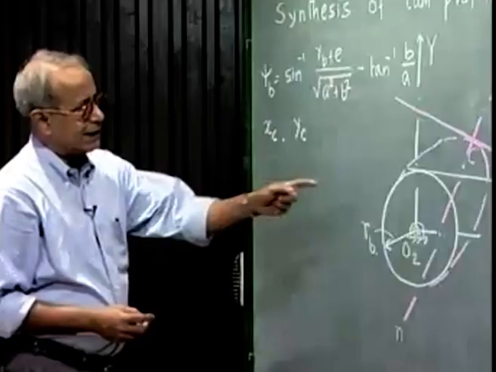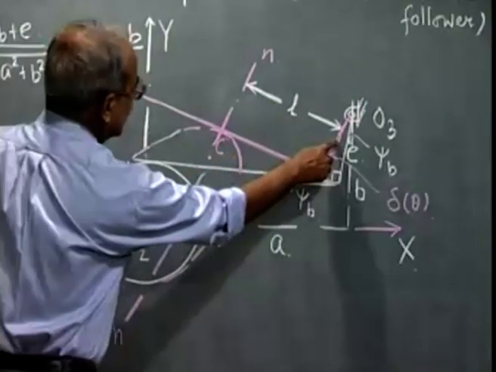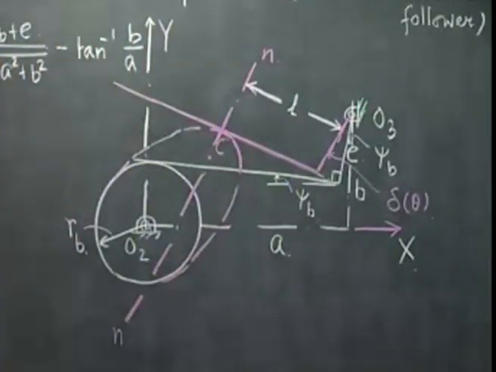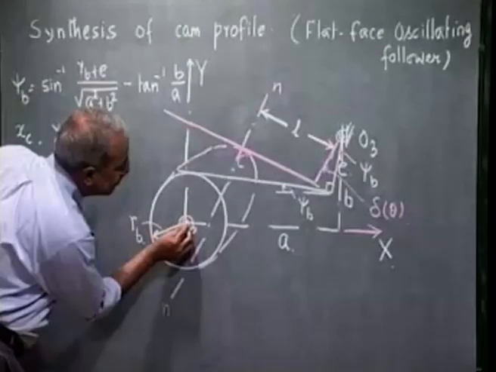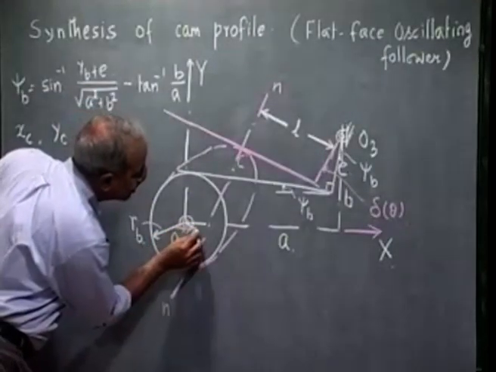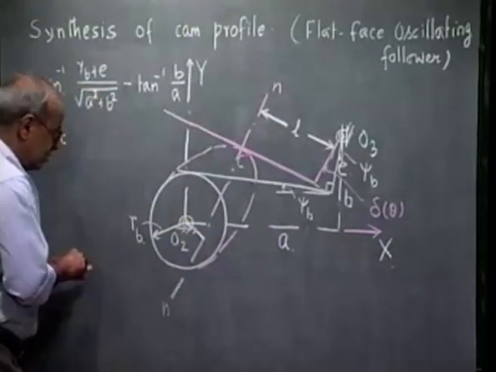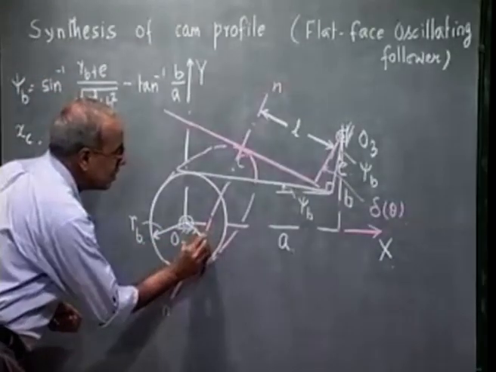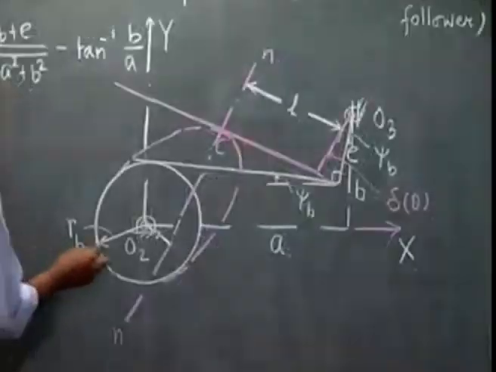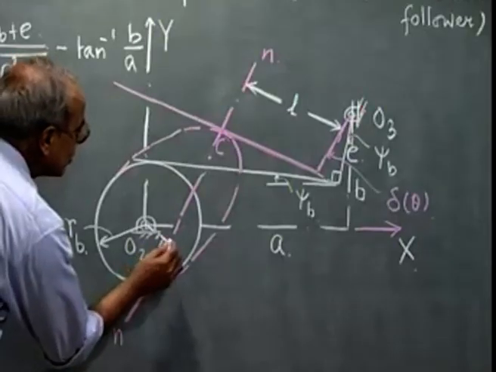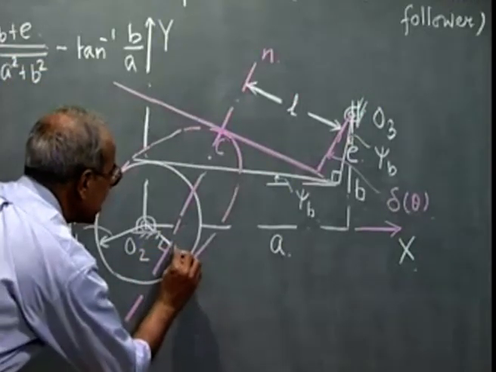To find this xc and yc, I will need this quantity L. So, as a first step, I try to find this quantity L. Towards that end, from O2 I drop a perpendicular to this common normal, and let this point be M.